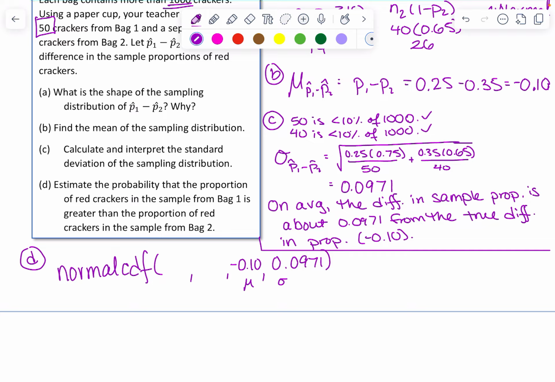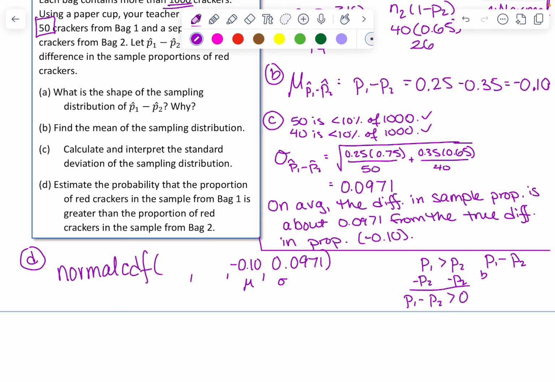Now the only thing is the low and the high. So they said bag 1 is supposed to be bigger than bag 2. So if I need bag 1 minus bag 2, that means it's going to be greater than 0. Okay, bag 1 is bigger, so let's do it a different way.